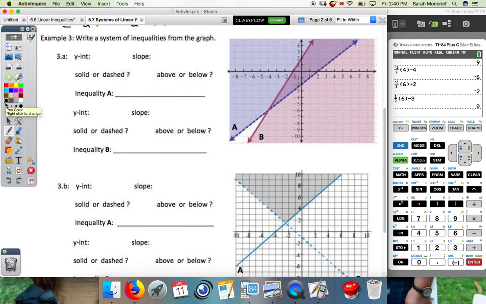So writing a system of inequalities is just like we're just writing the inequalities, but we just have 2 now. That's all it is. So let's look at inequality A. So I'm going to do inequality A. That looks like a purple or a dark blue. We'll go dark blue. So let's find the y-intercept of our dark blue line.